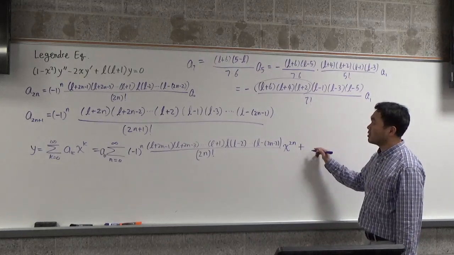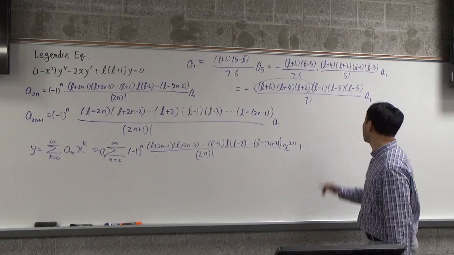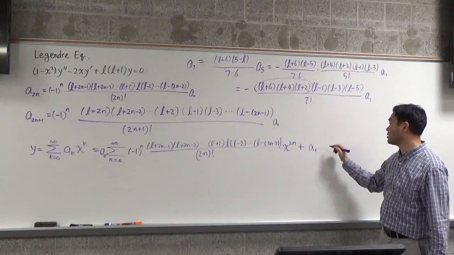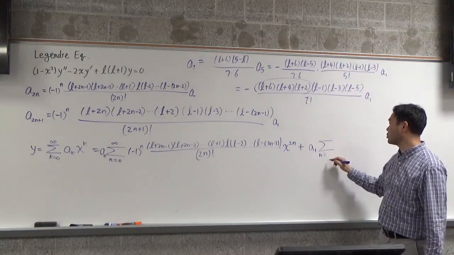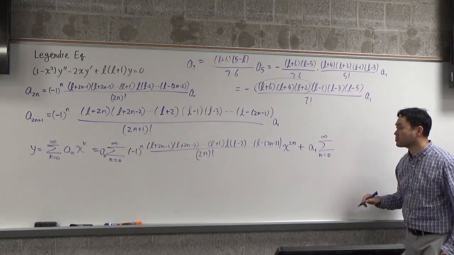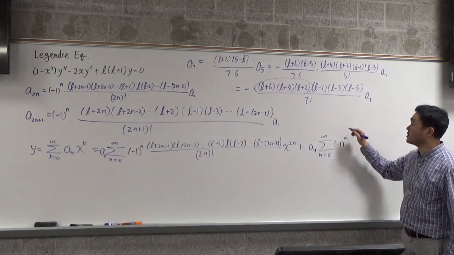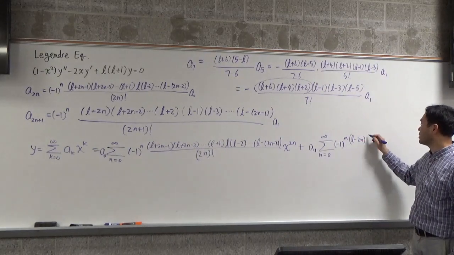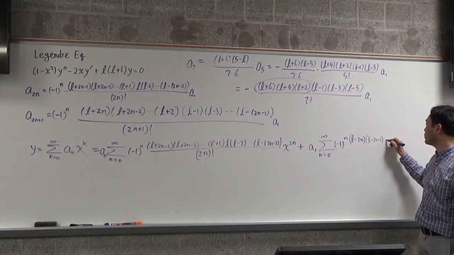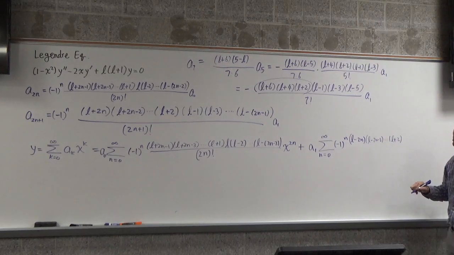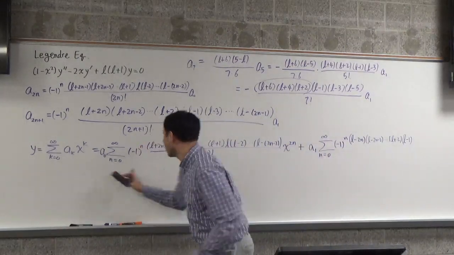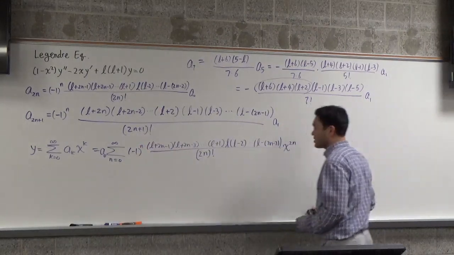Plus the second. Oh, I forgot to put a1, sorry. Everything has a1, right? So the second one has a1. I'm going to factor that out, and it'll be sigma n equals 0 through infinity of negative 1 to the nth power, and now I'm going to copy this. It's L minus 2n plus L minus 2n minus 2 all the way up till L plus 2, and then L minus 1. Gee, I don't have enough room. Okay, sorry. Let me write it under. So long, I don't have enough room.